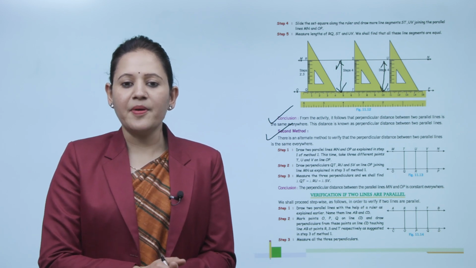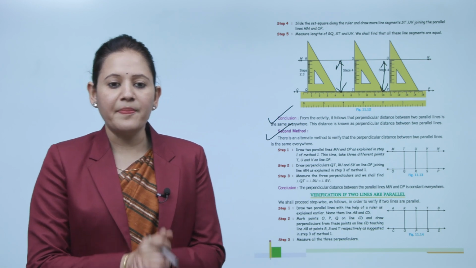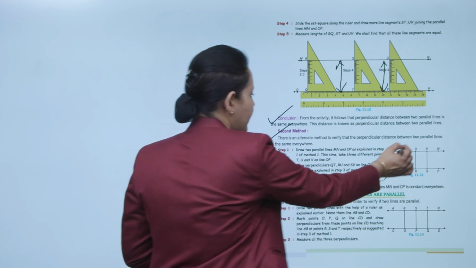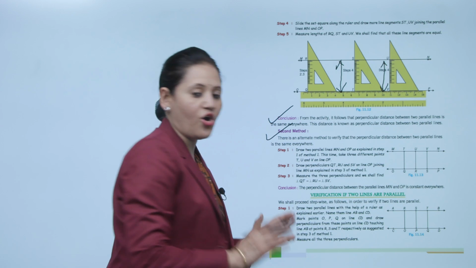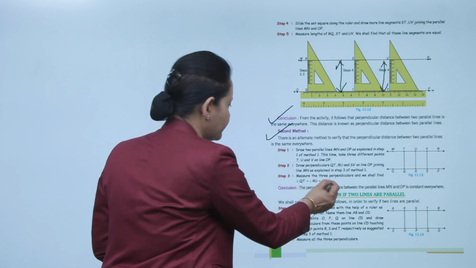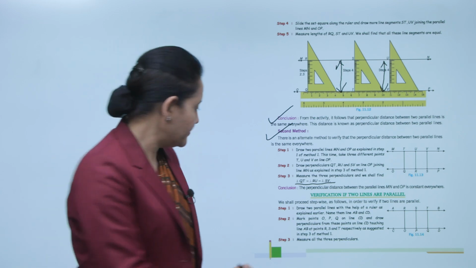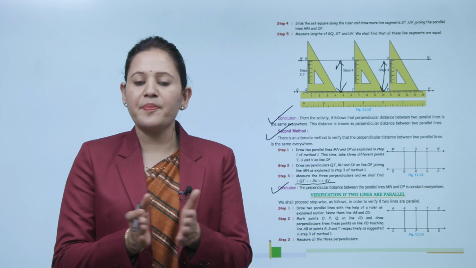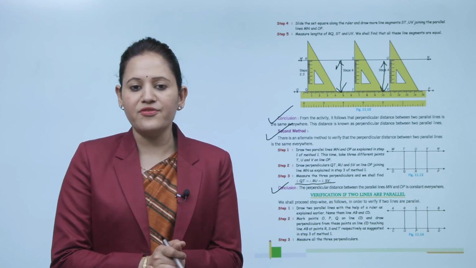Measure the three perpendiculars and we shall find that perpendiculars QT, RU and SV are all equal. So the conclusion is that the perpendicular distance between the parallel lines MN and OP is constant everywhere.